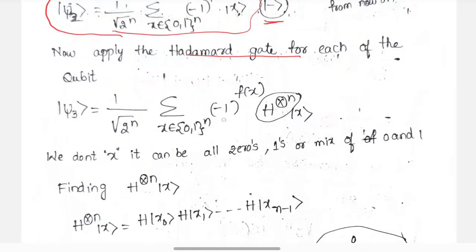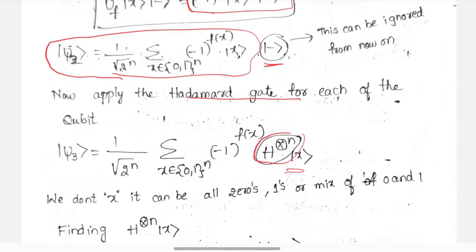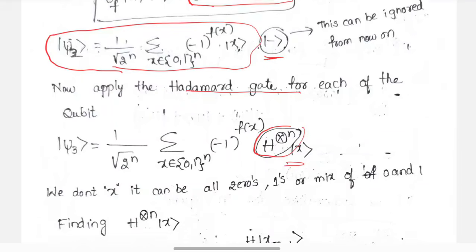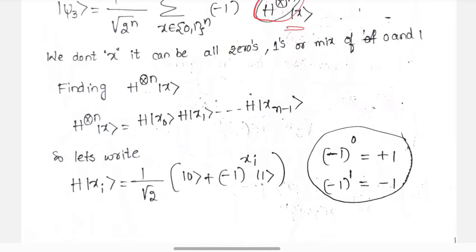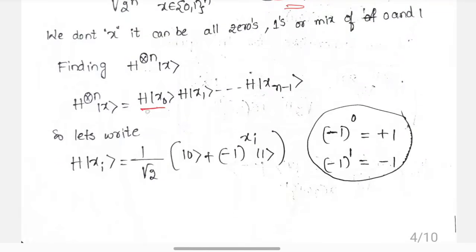If you apply the Hadamard gate to each qubit again, H of n ket x, you need to apply the Hadamard gate for n qubits of x. If you do that, you will get H of x0, H of x1, up to H of x n minus 1, because the index starts from 0. What I am doing is writing H of xi.